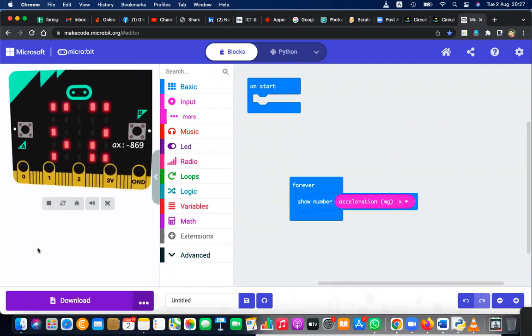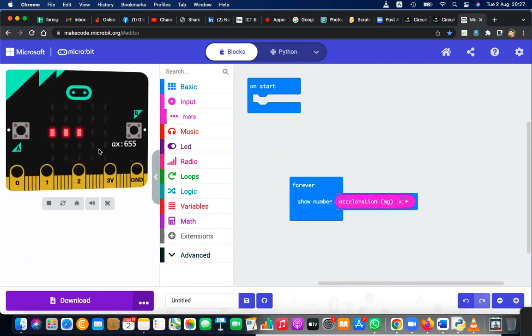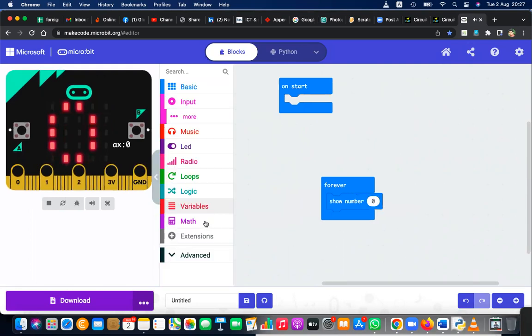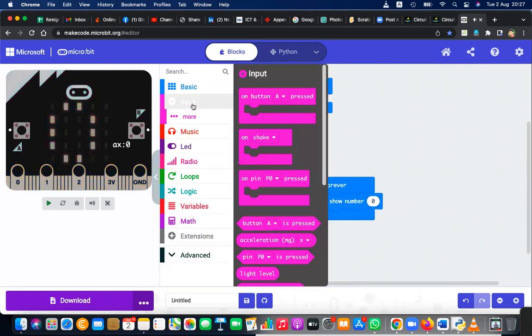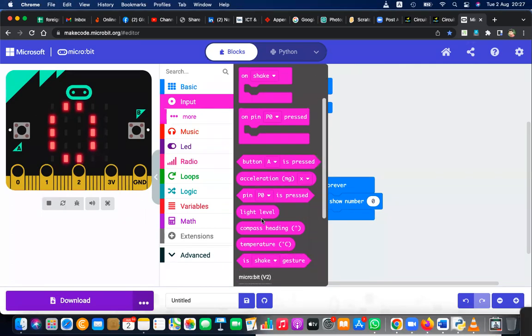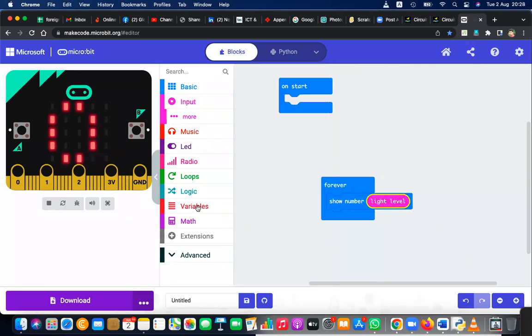You have to move the board, and only then it shows the acceleration. And not just acceleration, you can show the light level, compass heading. So these are some example inputs given by the sensors.